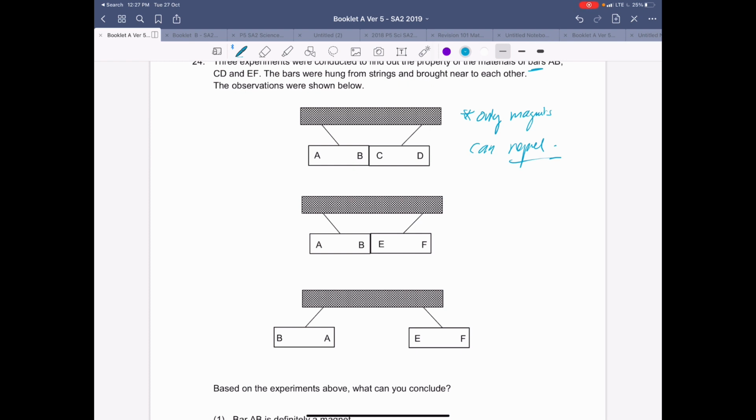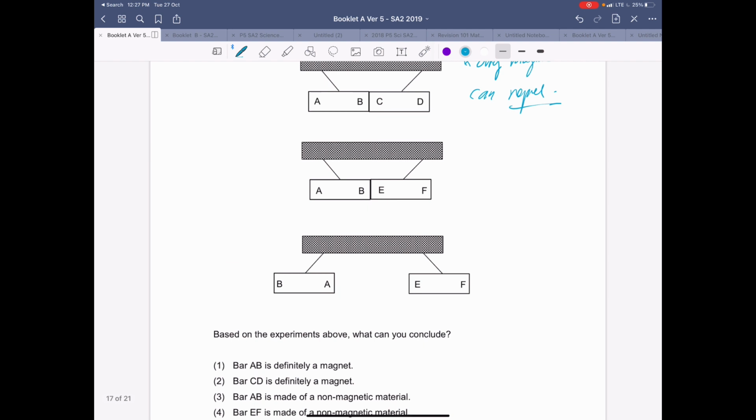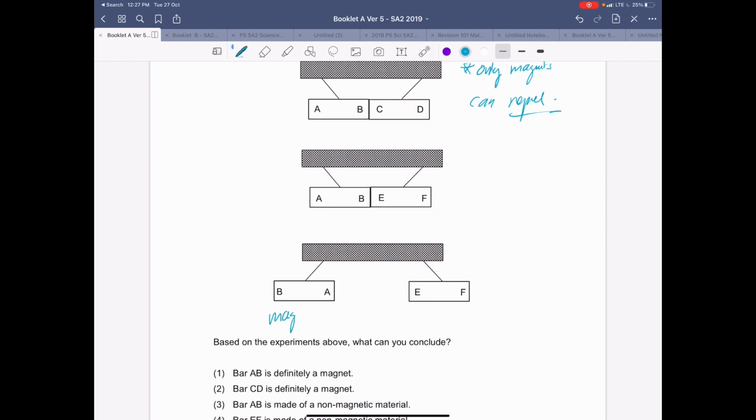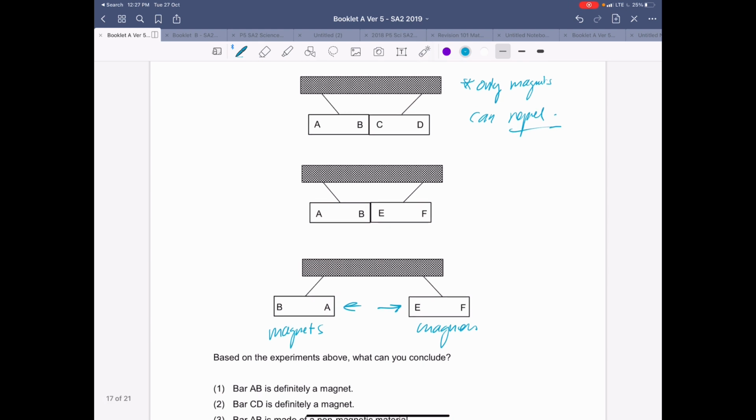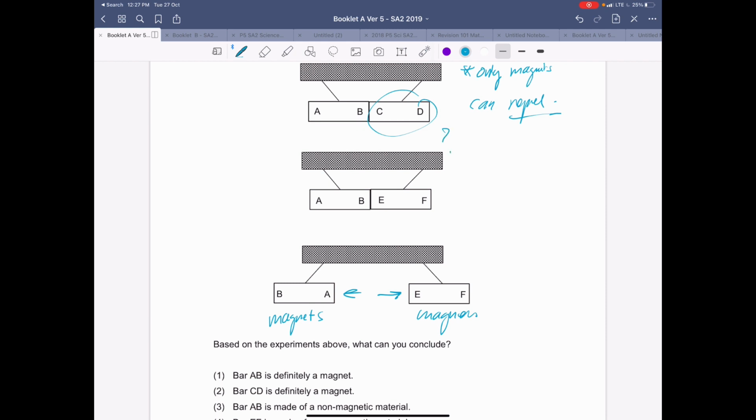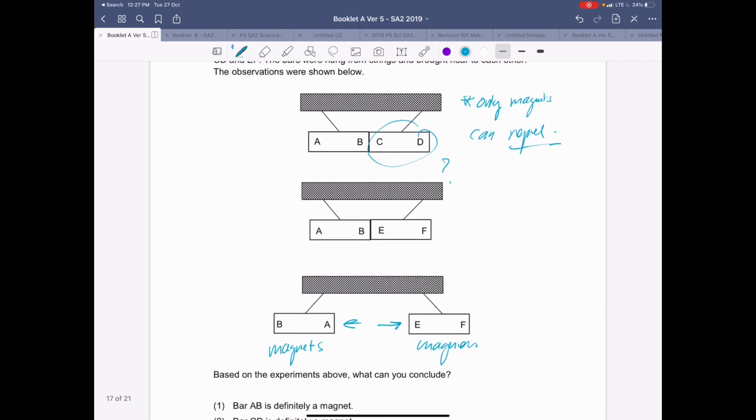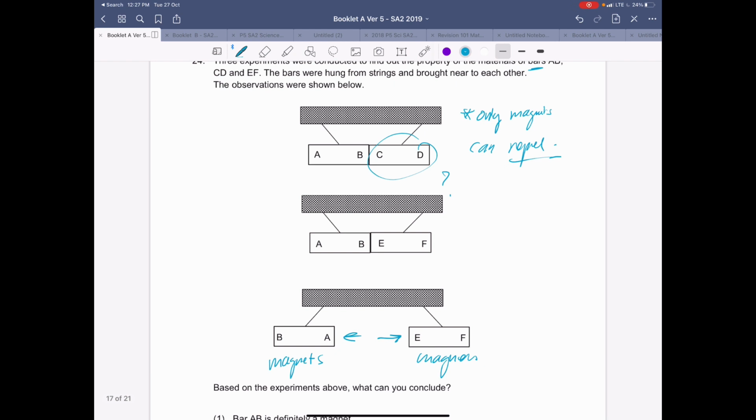So the only way that you can repel another object is if that object is also a magnet. So straight off the bat, I know that these two are magnets because they repel. Alright, but I'm not so sure about C and D. I'm not too sure about it. Because yes, A and B might have attracted this, but it didn't show me that C and D got repelled in any way. It could be a magnetic material.